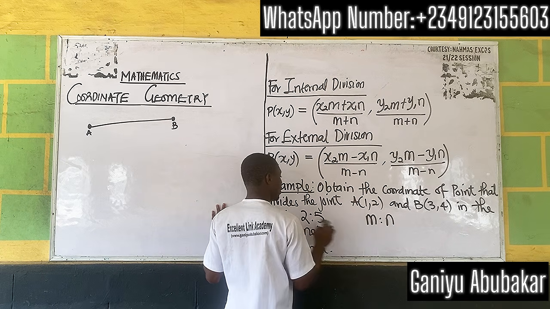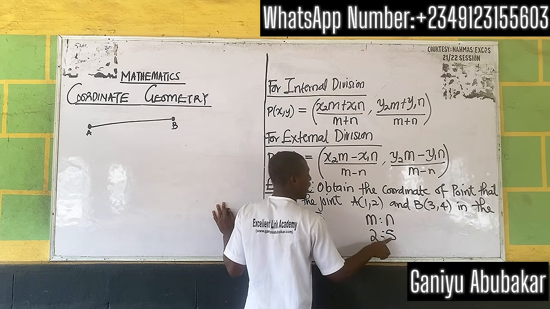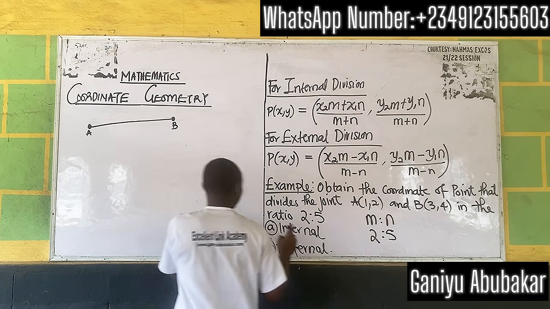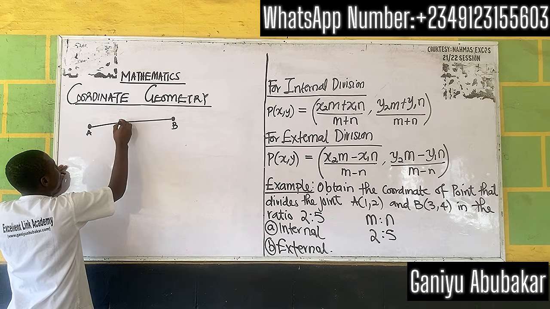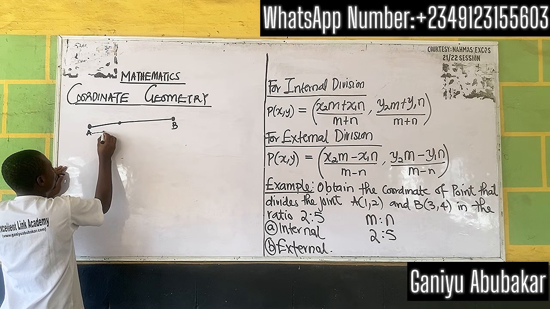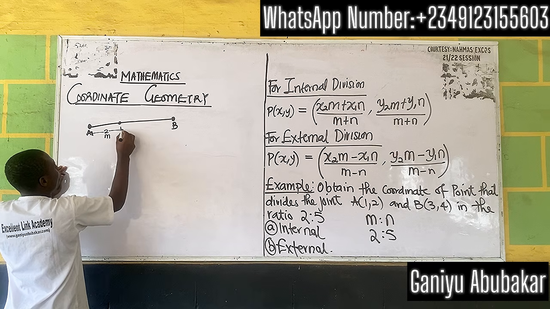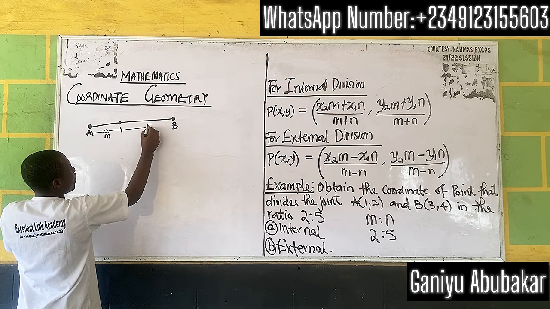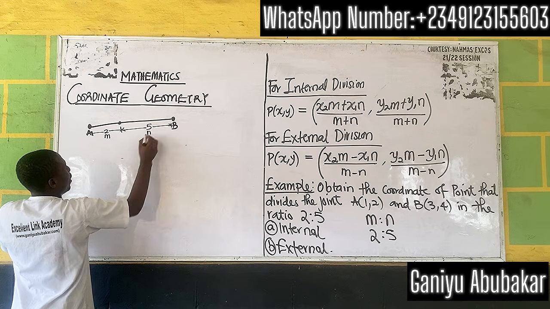So in 2:5, the 2 is for m and the 5 is for n. Here is 2, that is for m, while here is 5, which should be more than the other one. That's for n.